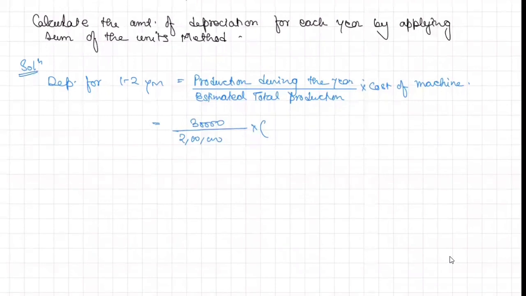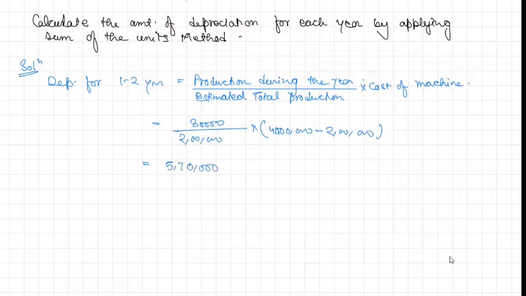So it will come to 30,000 divided by 2 lakh into 38 lakh. So it will come to 5,70,000, the amount of depreciation available in the first year.